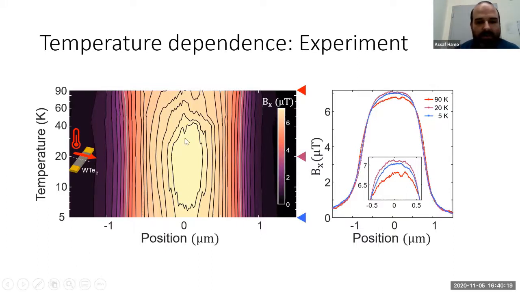Yeah. So in order to understand all of that, I have a small question. About how come most of the current wouldn't go through the gold? There's a big difference in resistance between the gold and your material, the 2D material. So most of the current should go through the gold.